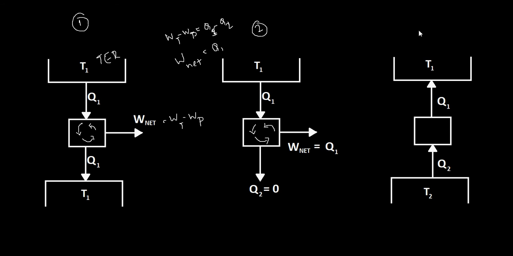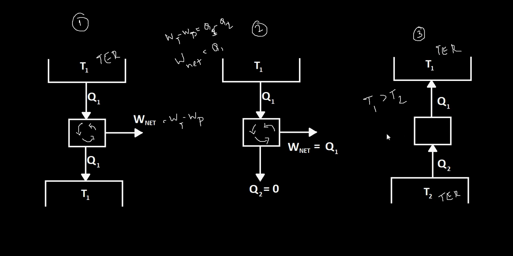Now moving on to the third one here. The assumption here is T1 greater than T2. So the thermal energy reservoir at T1 is at a higher temperature than the thermal energy reservoir here, which means temperature T1 is greater than T2, and you have heat flowing from T2 to the engine and then heat from the engine to the T1 temperature.